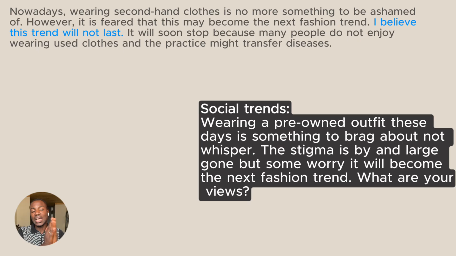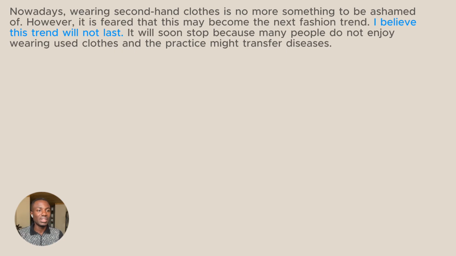We are not saying directly that people should not worry, but actually what we have said is what it means. That people should not worry about that because it is going to stop. It is not going to last. And now, in order for us to get our 50 words, we now need to give a summary of the reasons why we have said it. And this is what we are saying. It will stop because many people do not enjoy wearing used clothes, and the practice might transfer diseases.